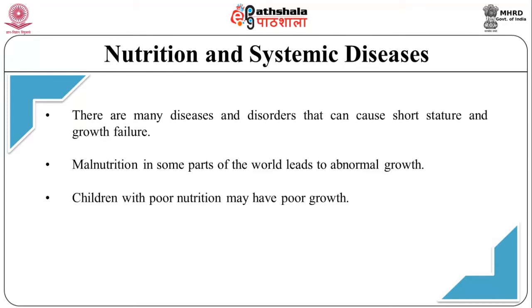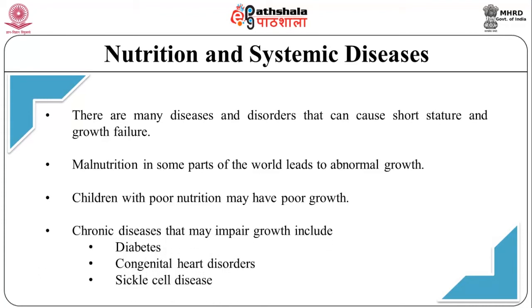Children with these conditions may have complaints that involve the stomach or intestine. Treatment of these conditions often involves a special diet. Now, normal growth usually resumes after proper treatment is taken. Chronic diseases that may impair growth include diabetes, congenital heart disorders, sickle cell disease.